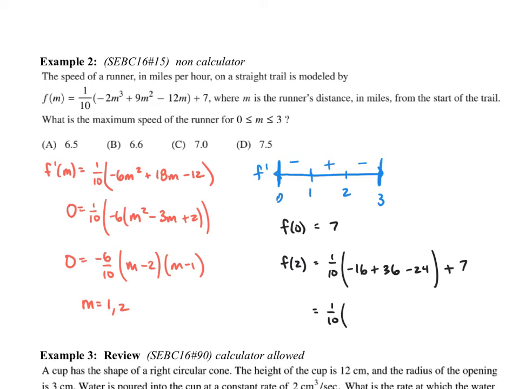So negative 16 minus 24 is negative 40 plus 36 is negative 4. That's really all we need to know. That's going to be less than 7. So our maximum actually occurs at f of 0, which is a maximum speed of 7.